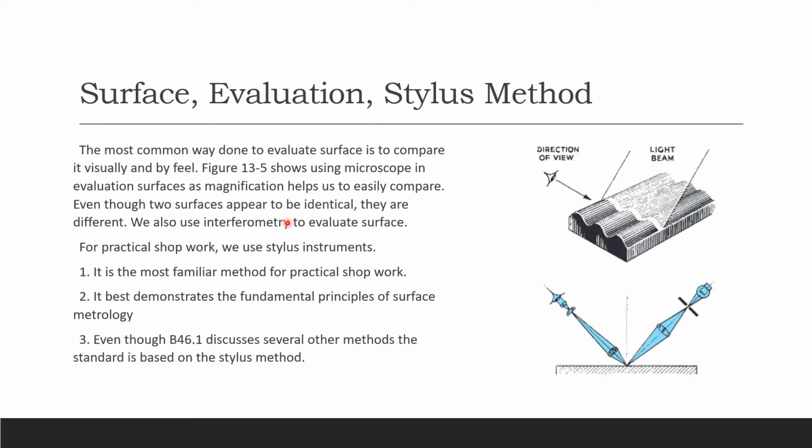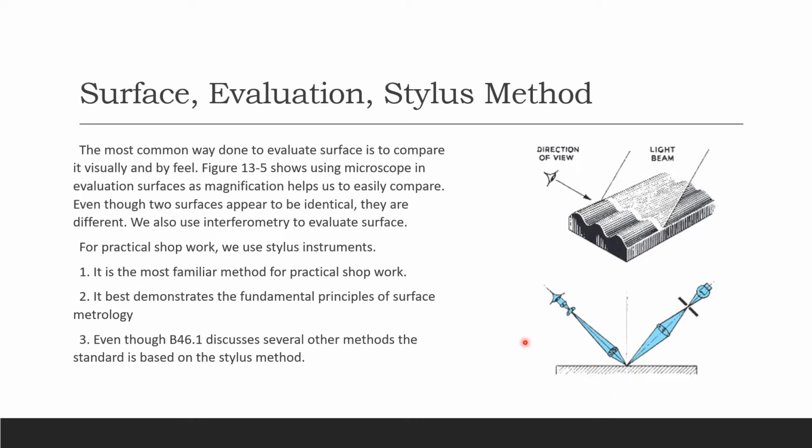Even though two surfaces appear to be identical, they are actually different. None of the surfaces are identical. These are the tricks of science and nature. We also use interferometry, because that's another method to study or evaluate the surface. Evaluating the surface is the same as measuring the surface.